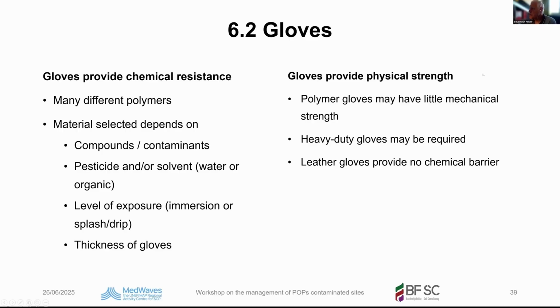Gloves provide physical strength. Polymer gloves may have little mechanical strength, so heavy-duty gloves may be required. Leather gloves provide no chemical barrier. So here is the chemical resistance and the physical resistance. But be aware that strong gloves, especially leather, have no barrier for chemicals. So depending on the work, you select the correct gloves.